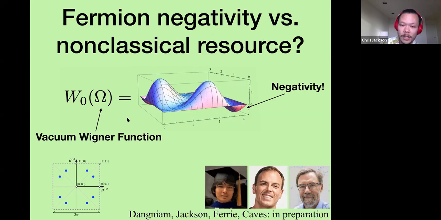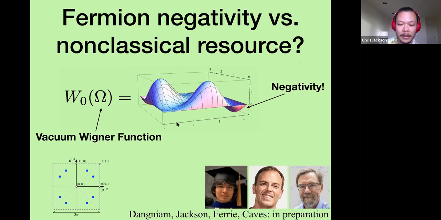It was originally conjectured that negativity would correspond to non-classicality. But I think a lot of people would agree that the fermion vacuum is very classical, in the sense that there is so much about it that you can simulate just with a classical computer. Nevertheless, it still has negativity. I believe there is still a relationship between these two, but it's more subtle. In fact, it is this project through which I met Chris Ferrie.